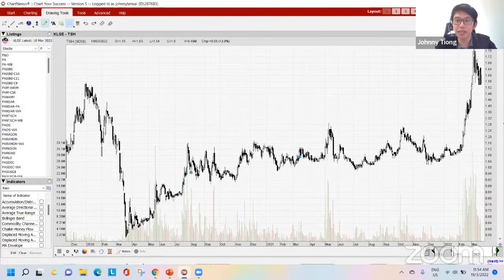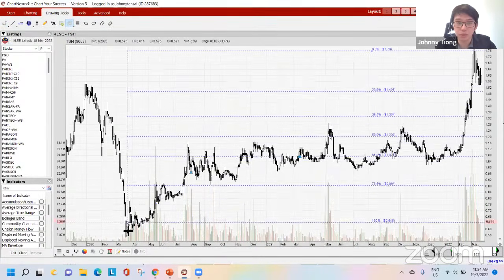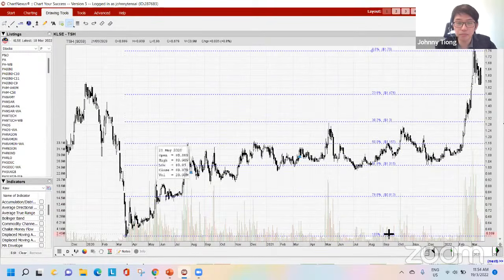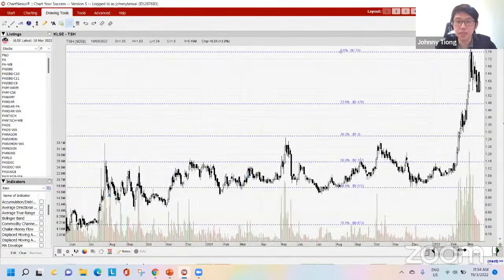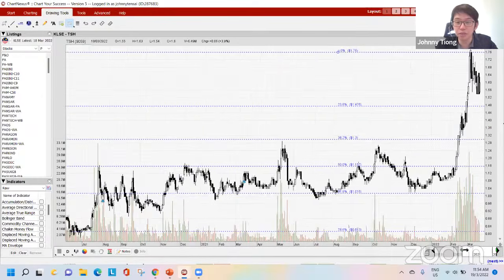Okay, we look at TSH for example. I'll take the Fibonacci retracement from top to bottom. If you see from this TSH, it was going sideways for a long time, and then it goes up, and now it hasn't even reached the 50% or whatnot.